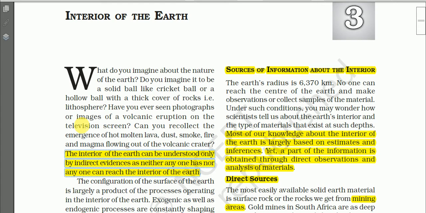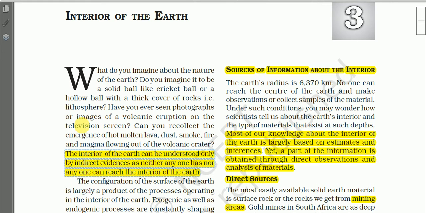We cannot see what is there in the Earth interior, and we also cannot go deep into it. That is why most of the data and information about the Earth interior are obtained through these indirect evidences. However, some direct evidences are also there.